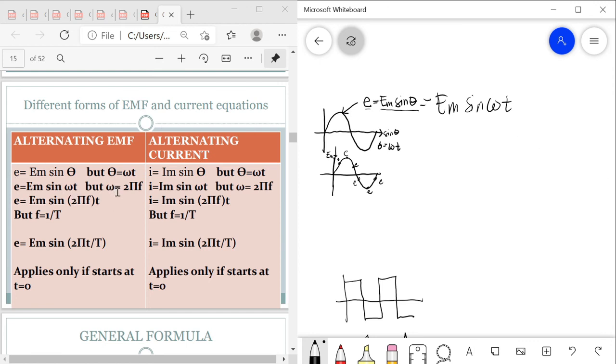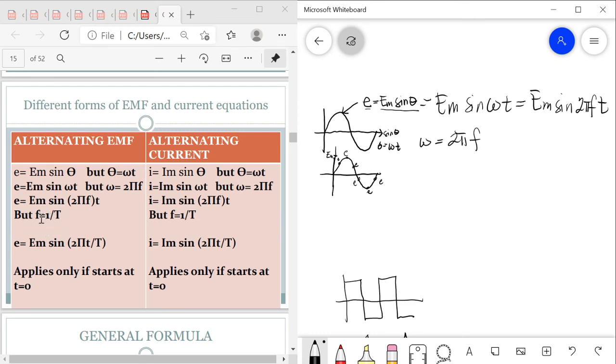And again, your omega is expressed as 2 pi f. So omega is 2 pi f. 2 pi because it represents one cycle. And f is the frequency of the alternator. So also we can express this equation as Em sine 2 pi ft.